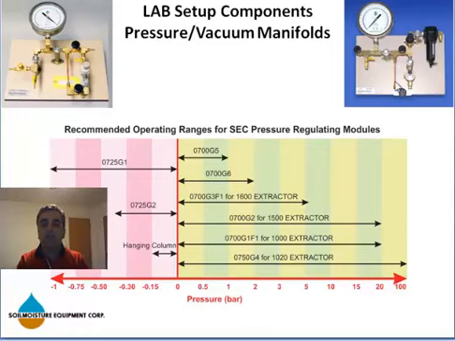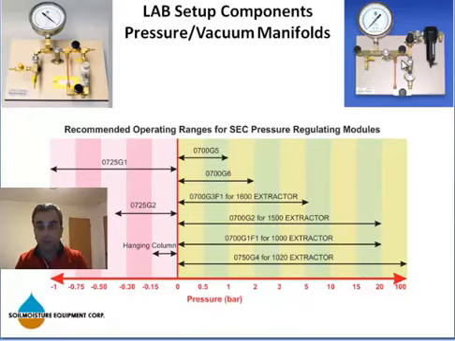I would like to talk a little bit about the importance of pressure vacuum manifolds. Their critical role is sometimes overlooked by people. They think that a manifold is only a device for adjusting vacuum or pressure level.